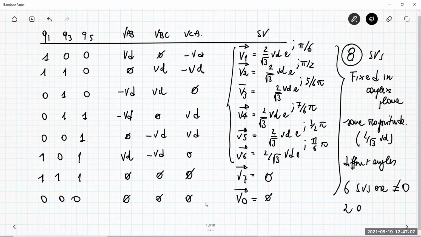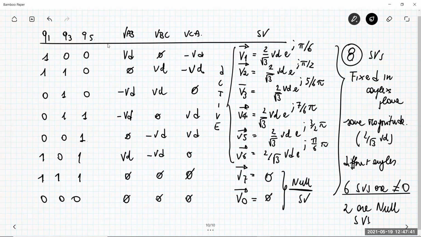Two are null space vectors. The space vectors that are not null are called the active space vectors. The two space vectors that are null are called the null space vectors.